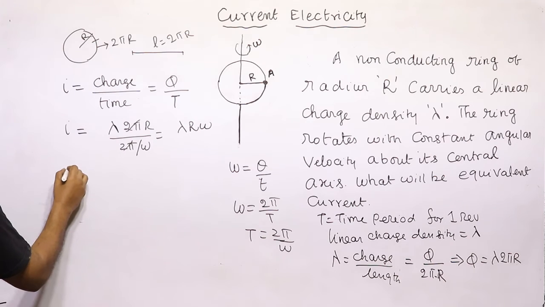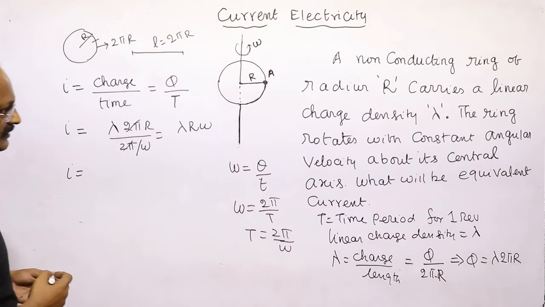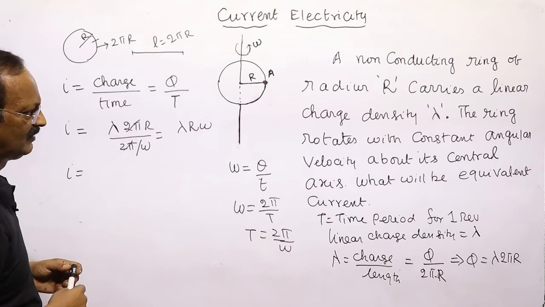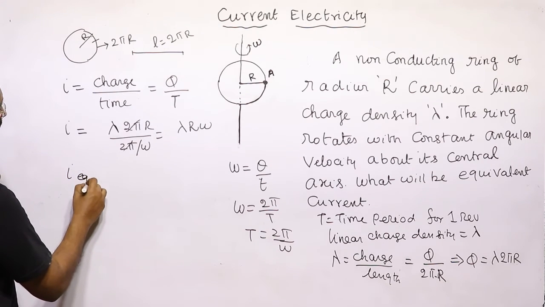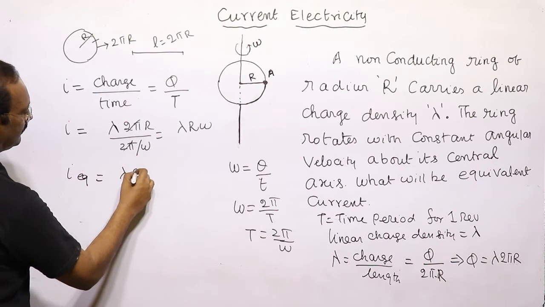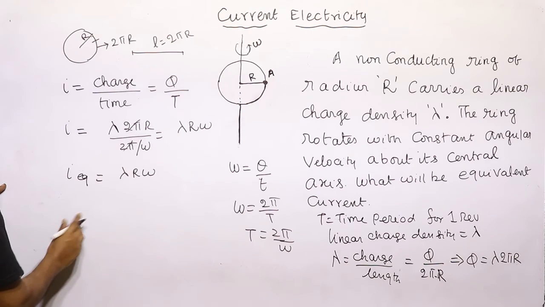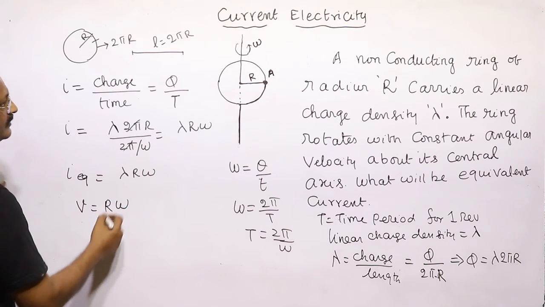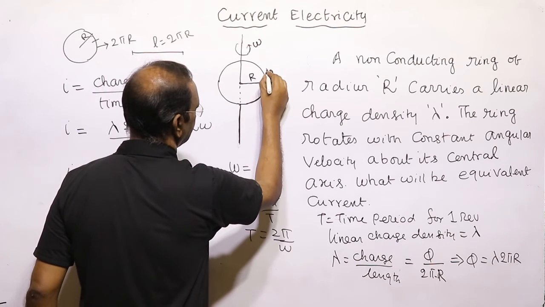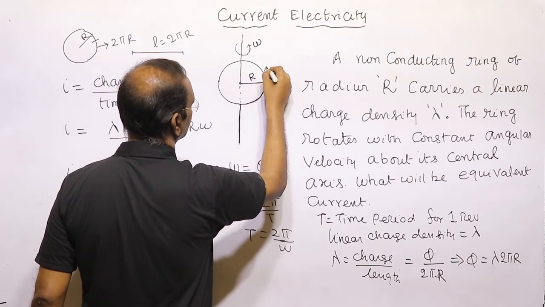What is being asked is the equivalent current. The equivalent current I is equal to lambda r omega. As we know, linear velocity is equal to the radius into omega, and the linear velocity will be in this direction.